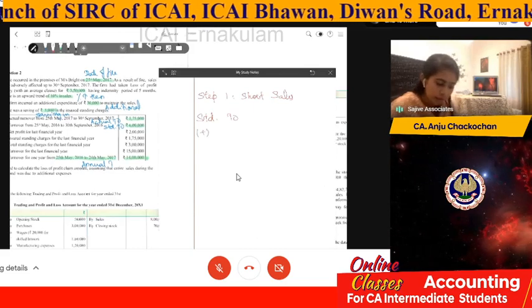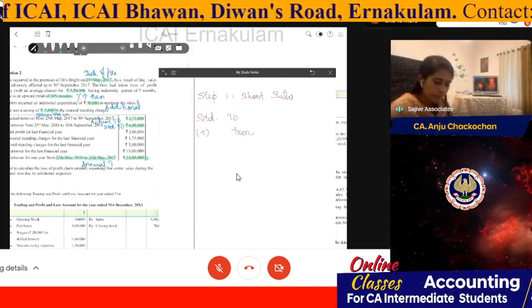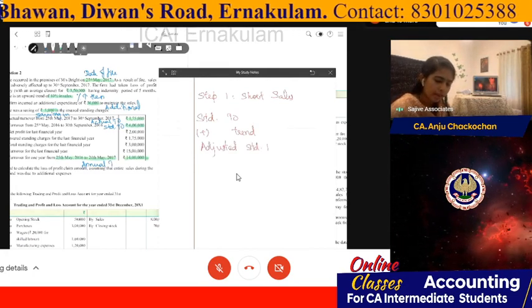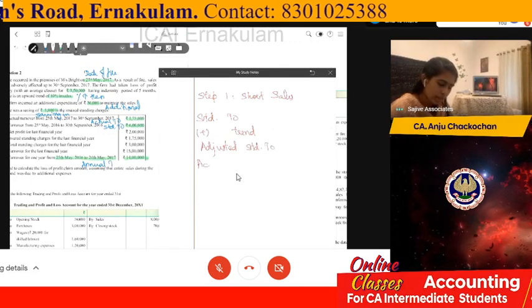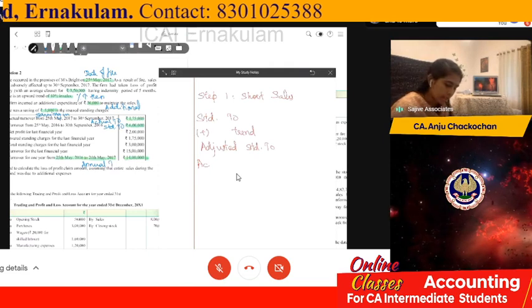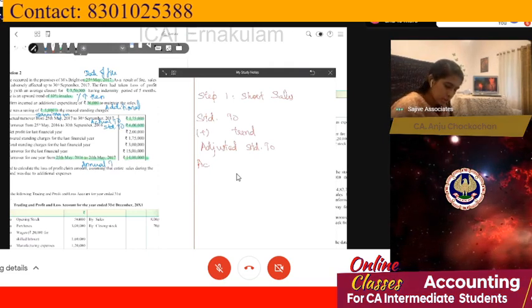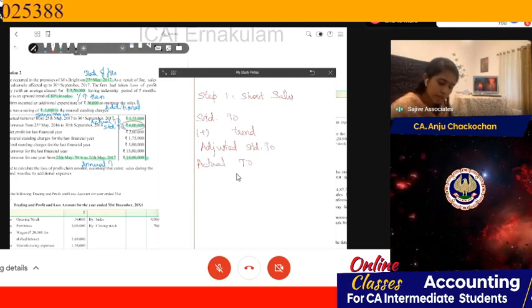I'm not going to do it. It is straight away given in the question. You get adjusted standard turnover, and from that you reduce the actual turnover. That is also in the question. The standard turnover, actual turnover, the percentage increase, all these figures are there.